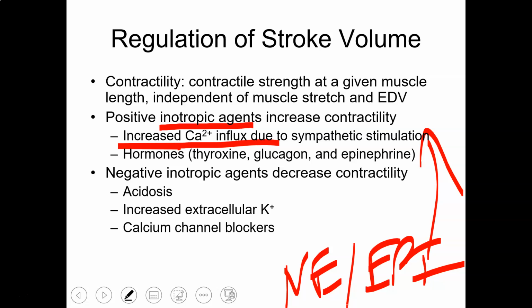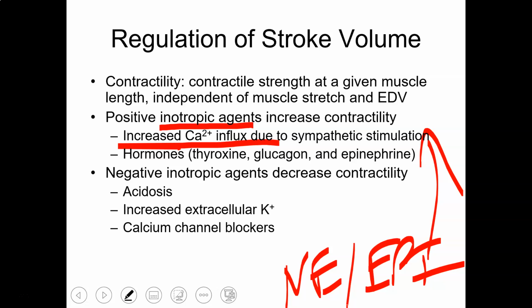So we're talking caffeine, epinephrine, norepinephrine, crystal meth, cocaine, regular amphetamine, all of those things, Adderall, that act like the sympathetic nervous system. Those would be positive inotropic agents. They make the heart beat harder.